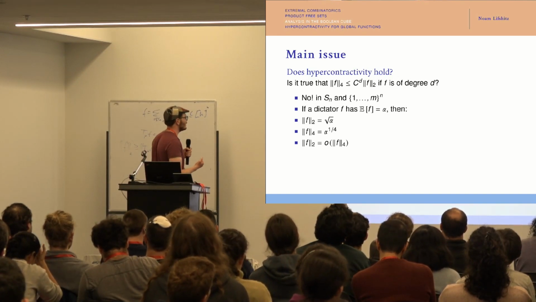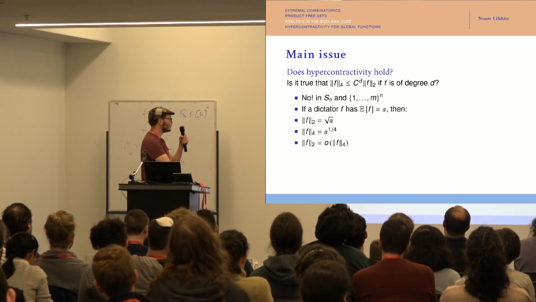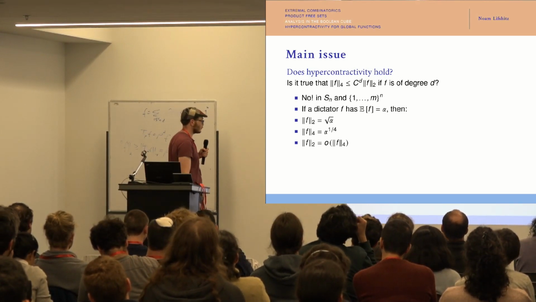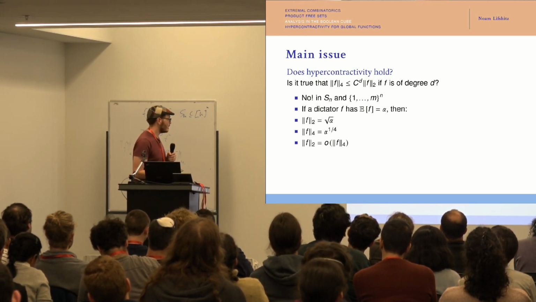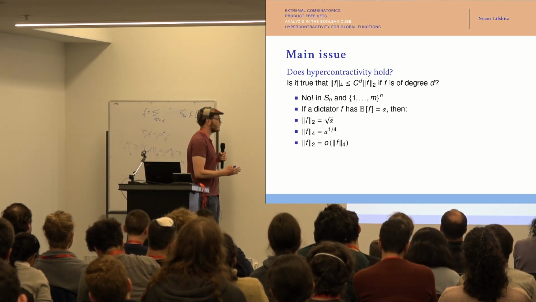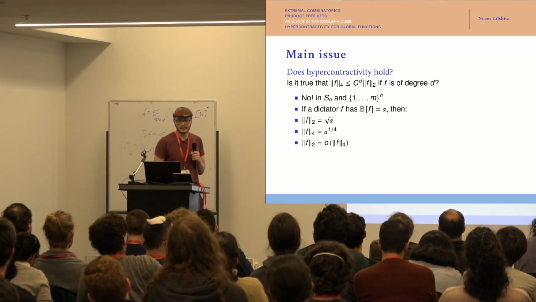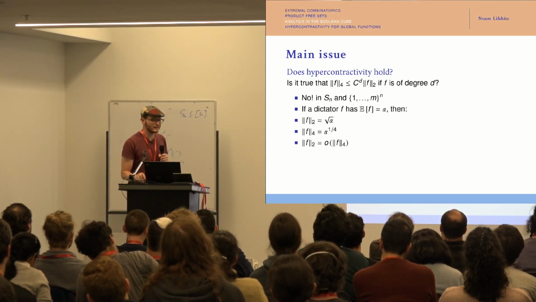But it turns out that it's not true. It's not true in Sn and also not in the toy model. The reason is that in both of them we have these small dictators, and dictators and small sets are always counterexamples to hypercontractivity because they have this peaky distribution.